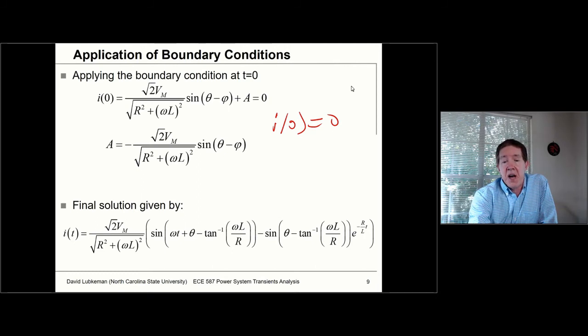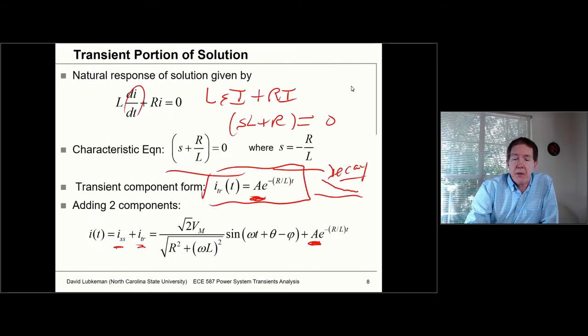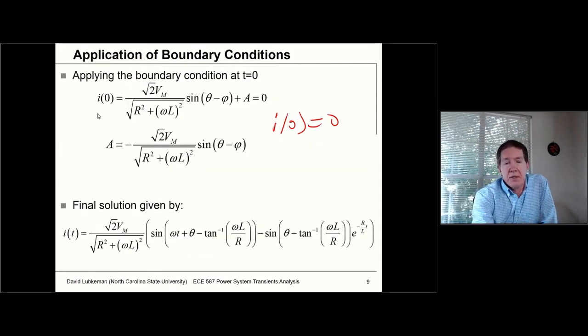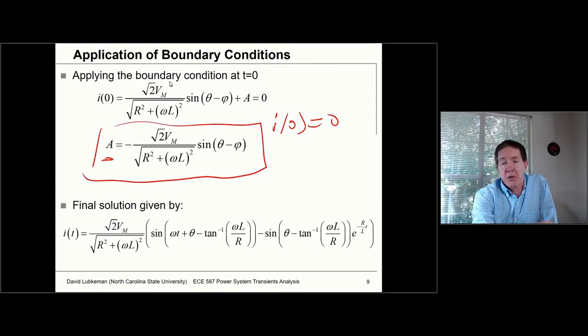So if I set time equals 0 in this equation, I get the square root of 2 Vm over the square root of R squared plus omega L squared, times sine of theta minus phi, plus A equal to 0, which means that A is shown right here. It's going to be the minus of this whole complex coefficient.